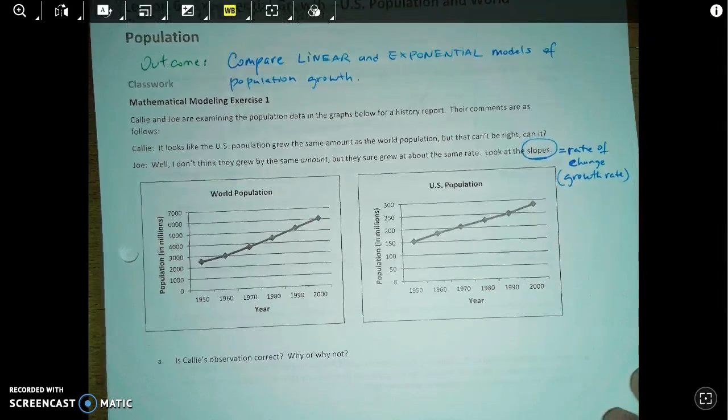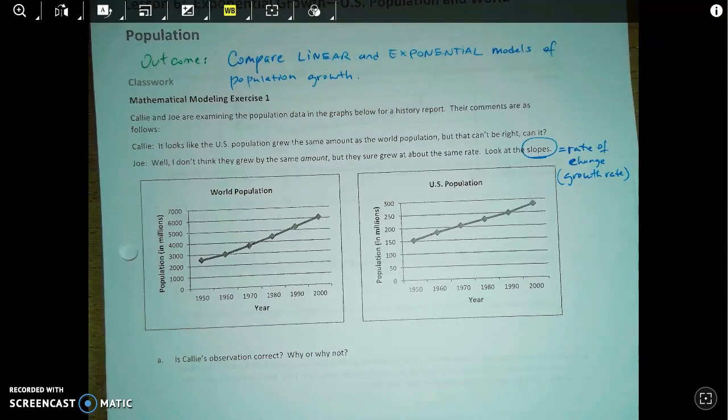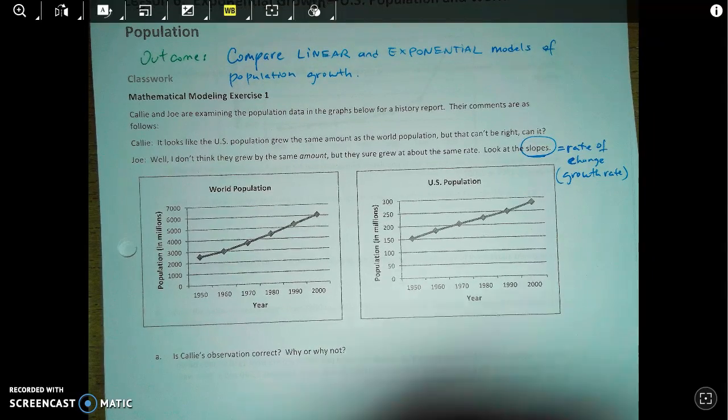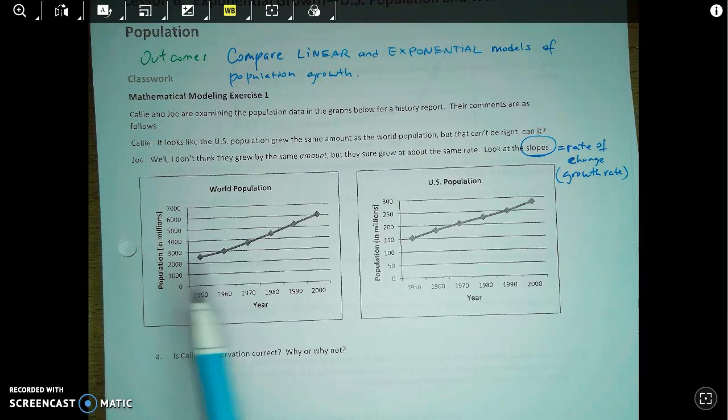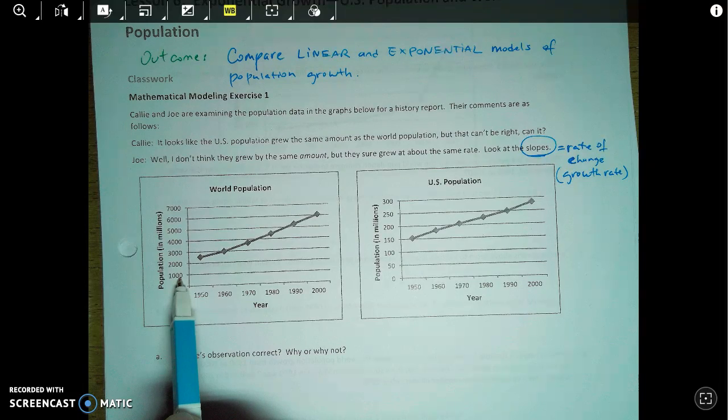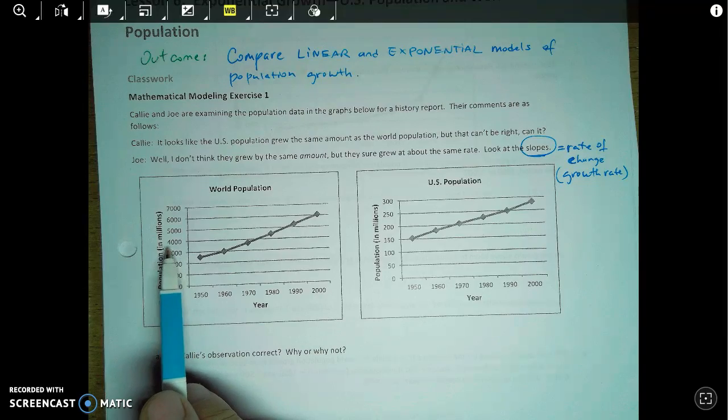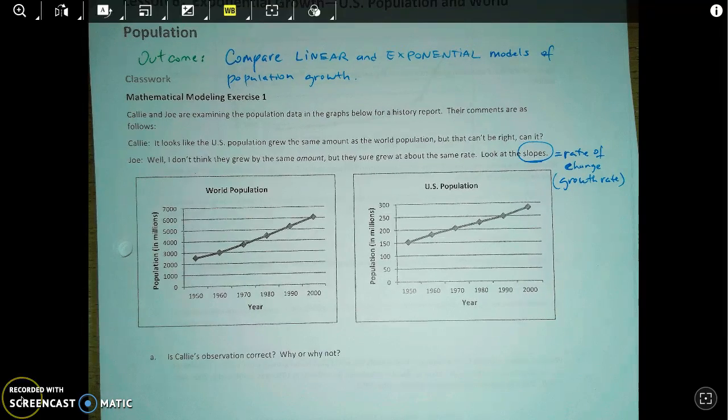Is Kelly's observation correct? Why or why not? Well, if you pay attention to the scale on the vertical axis, we realize that the US population increases by 1,000, 2,000, increases by 1,000. Or if you look at the world's population, we see that the graph on the y-axis increases by what?